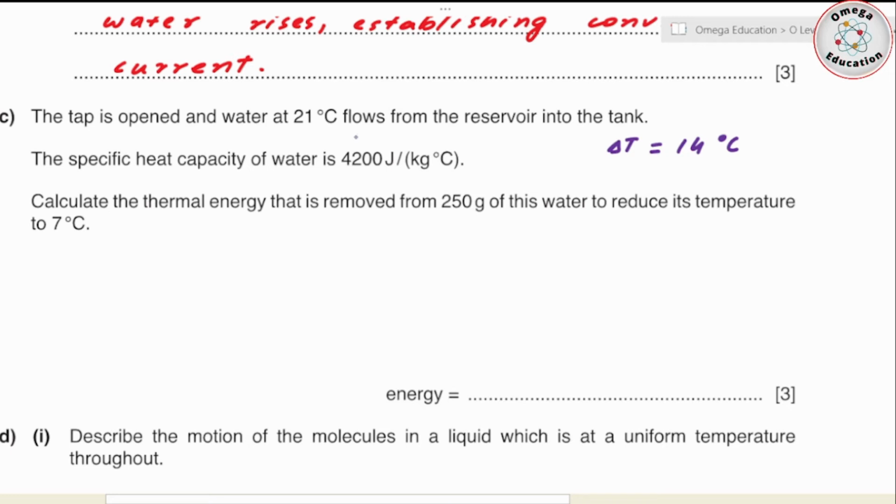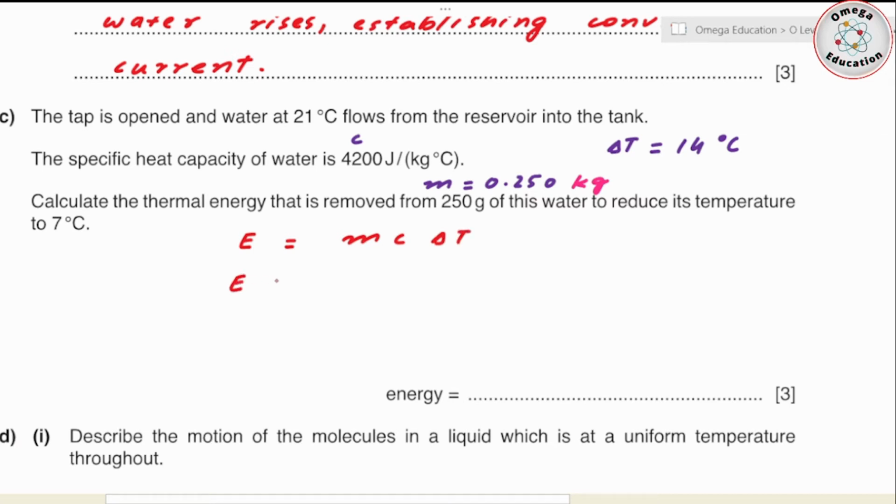Specific heat capacity, the value of c is given. The value of mass is also given, but that one is in grams. You've got to make sure you convert it into kilograms by dividing by 1000, because the energy would be in joules only if the mass were in kilograms in the first place. Then you apply the simple formula of heat energy, that is E equals mc delta T, or Q equals mc delta theta.